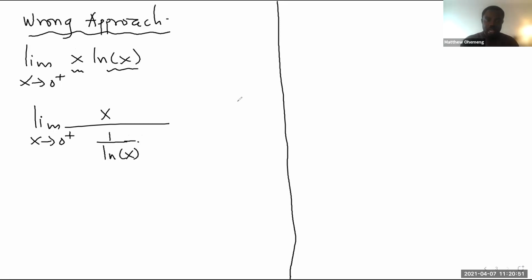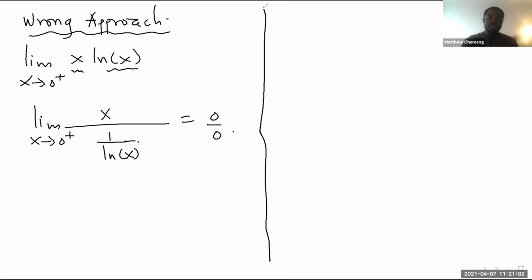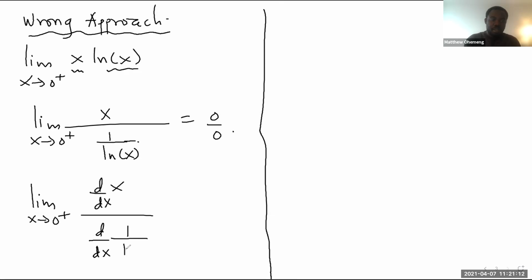Now for this one, you end up with type 0 over 0. But then because it's type 0 over 0, we can employ L'Hopital's rule, right? So L'Hopital. So just differentiate the numerator, divide by the derivative of the denominator.